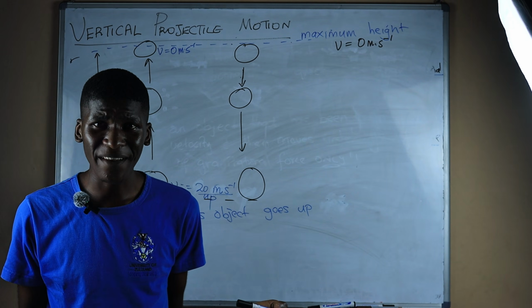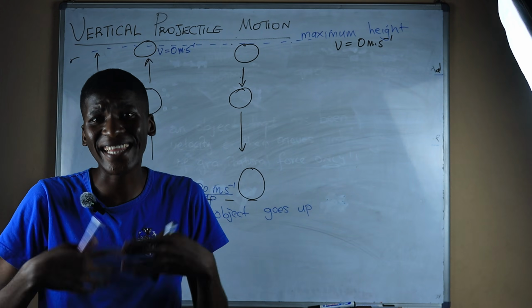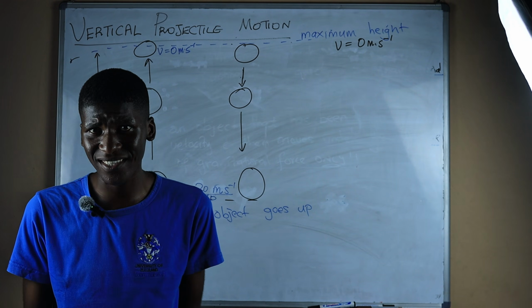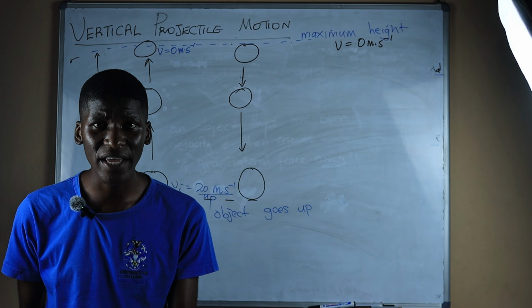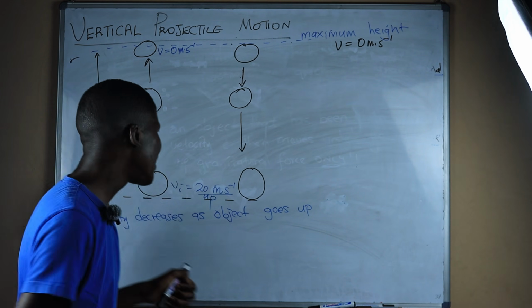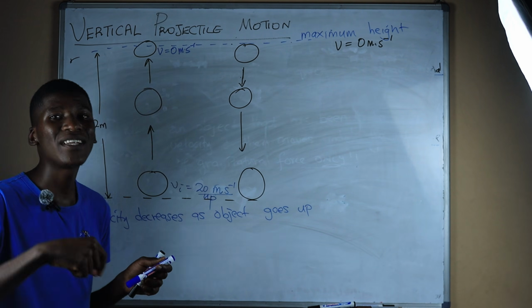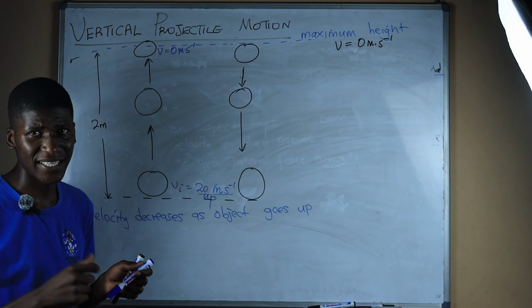Now you ask yourself, how much does this velocity decrease? Or what is the rate at which this velocity decreases, or the rate at which it changes? It is 9.8 meters per second, okay, each second. So basically, when this ball goes up, after 1 second, its velocity will decrease by 9.8 meters per second.